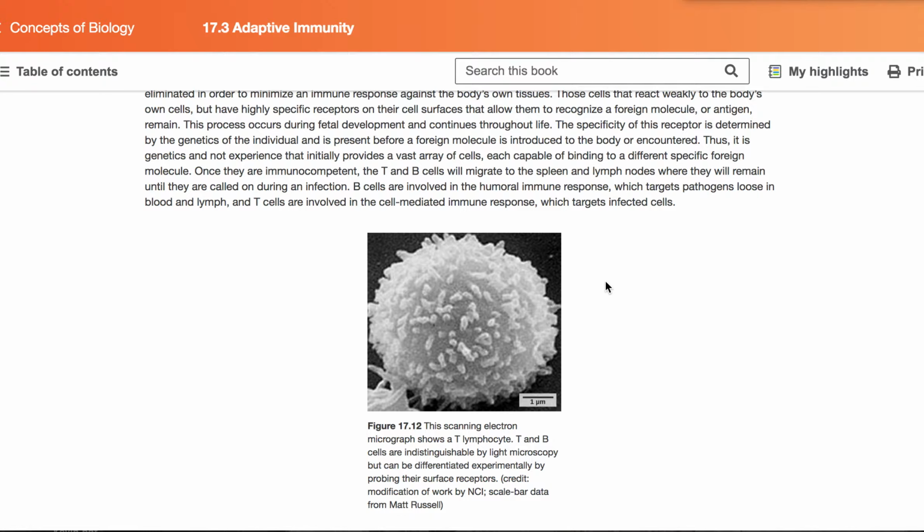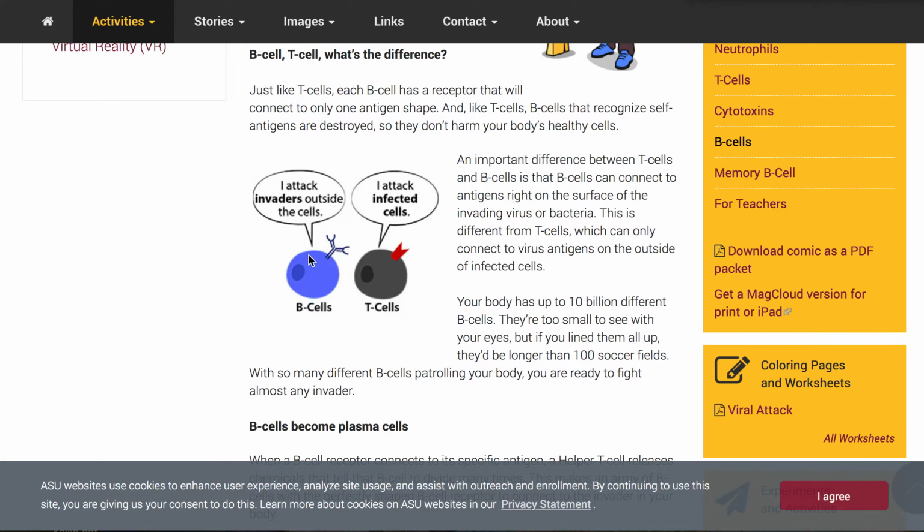Once they have totally matured, they will be found in the spleen and the lymph nodes, where they generally reside until they're needed to fight off an infection. So B cells, let me go back to this one. B cells will end up targeting pathogens floating loose in the blood and the lymph, and T cells will target cells that are already infected.